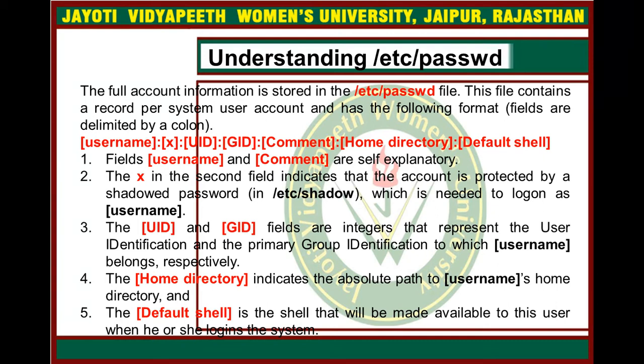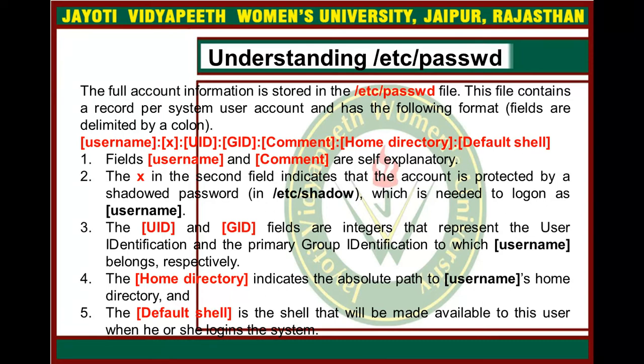Second is x. X is the second field, indicates that the account is protected by a shadow password in /etc/shadow, which is needed to log on as username. Right?